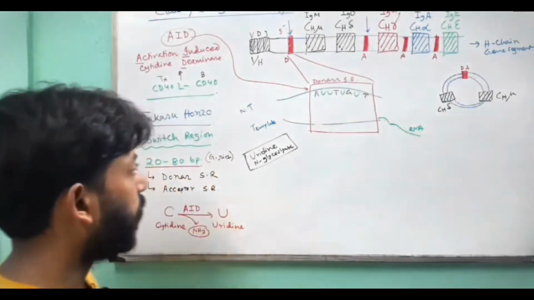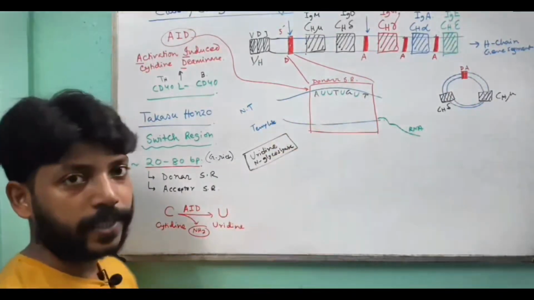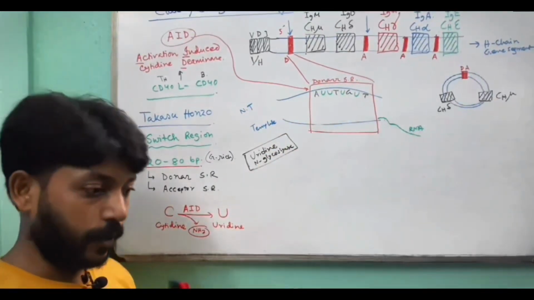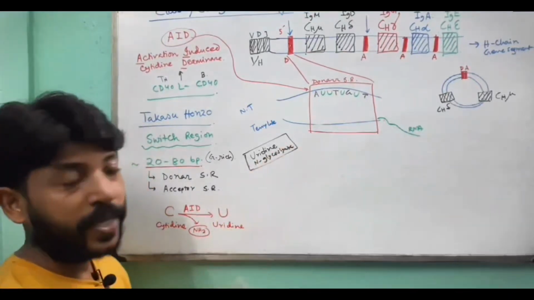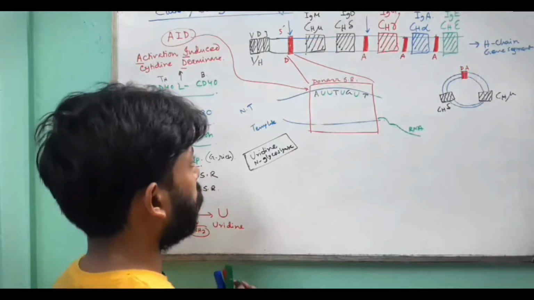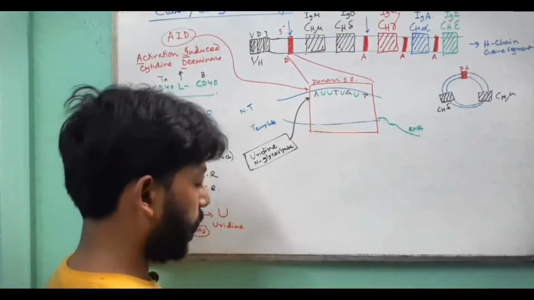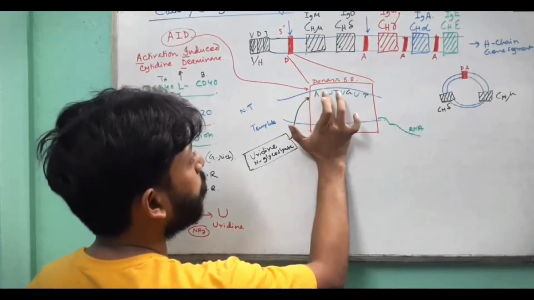But if this enzyme senses uridine in the DNA, it senses a problem, and this enzyme removes the uridine. So when this enzyme reacts on this strand, it removes the uridine.